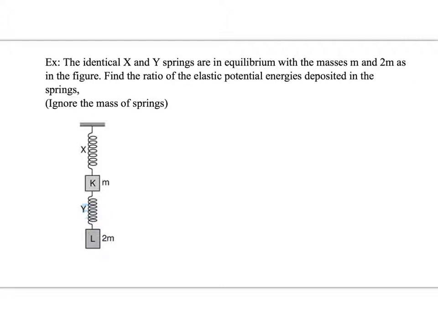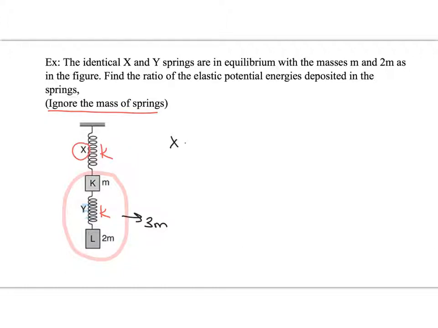The identical springs X and Y, as they are identical, have the same spring constants. They are in equilibrium, and we are going to find the elastic potential energies deposited in them. We are going to ignore the mass of the springs. When I examine X, I see that it pulls only K and L, so in total 3m mass.